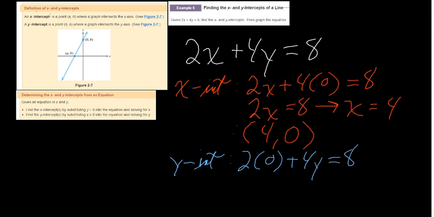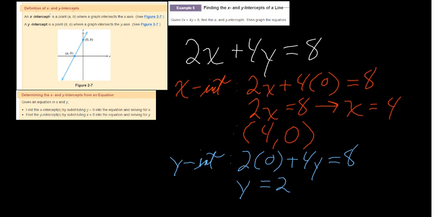I'm just going to do the arithmetic really quickly and say that y is equal to 2, because this becomes 0, and then I end up with 4y is equal to 8, and then I divide both sides by 4, so I get y is equal to 2.